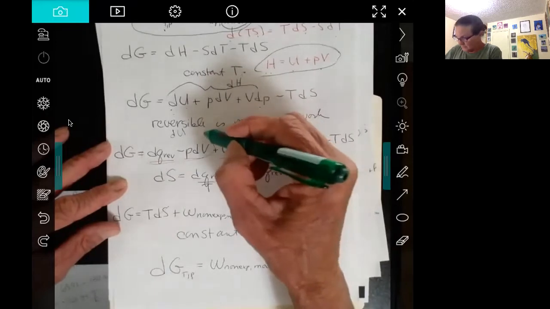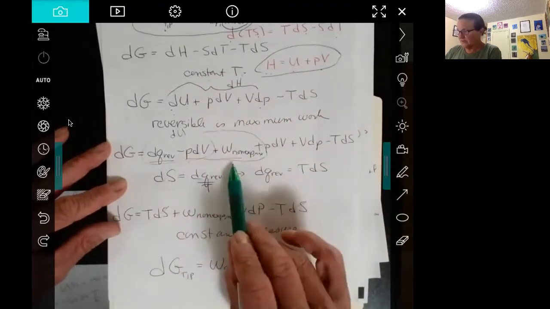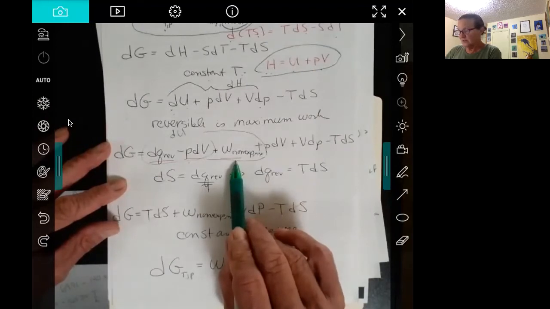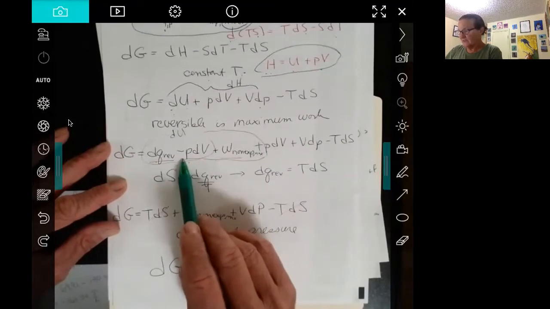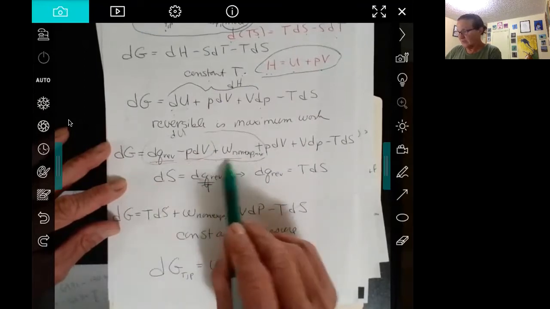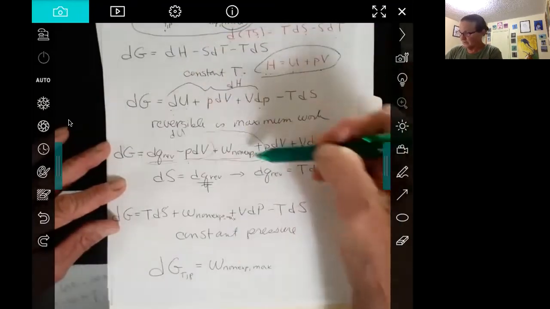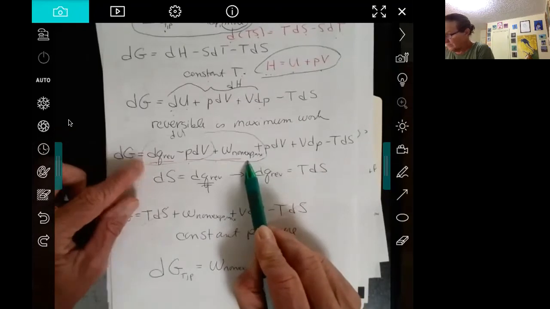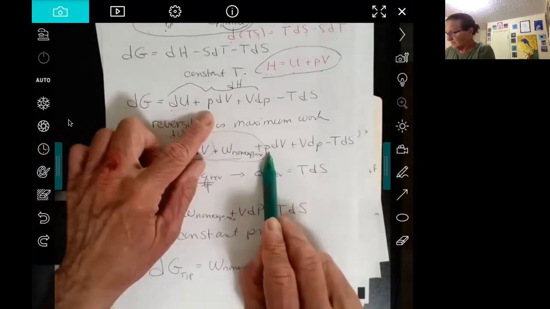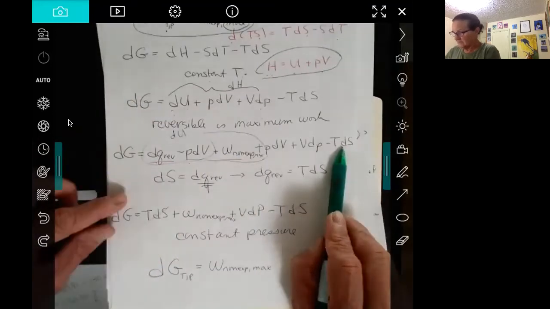So the work would be expansion work plus any non-expansion work. So this is q plus w. And if we have some expansion work and other work, we want to show that all these terms are going to cancel. So this will be our dU. And now we have plus PdV plus VdP minus TdS.